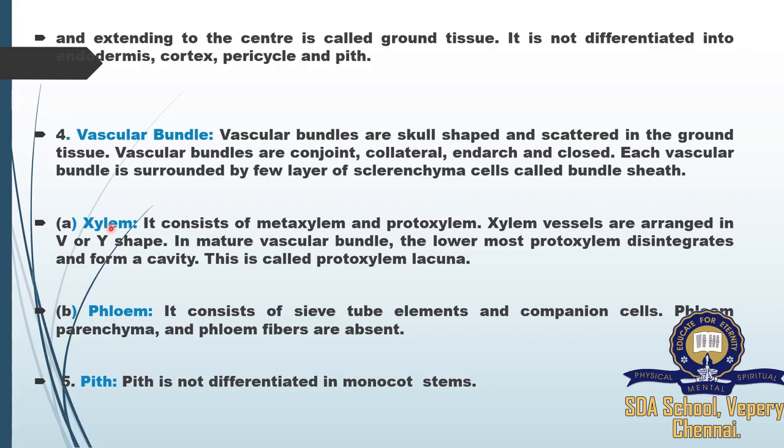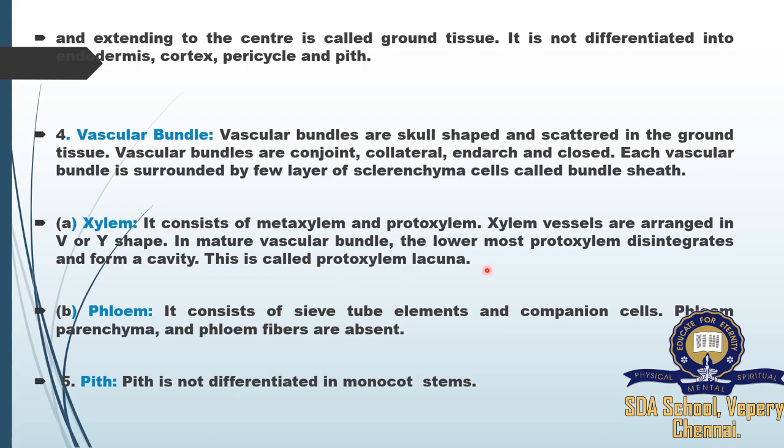Next, xylem. It consists of metaxylem and protoxylem. It has two types, metaxylem as well as protoxylem. Xylem vessels are arranged in a V or Y shape in a mature vascular bundle. The lowermost protoxylem disintegrates and forms a cavity. This is called protoxylem lacuna.